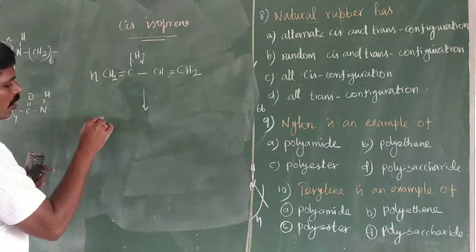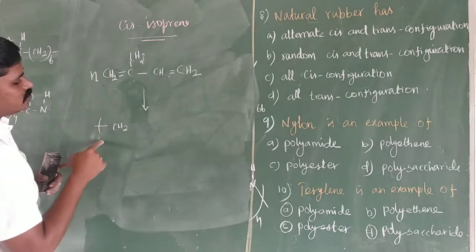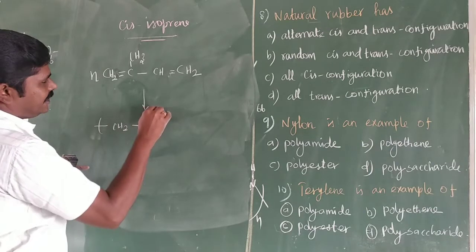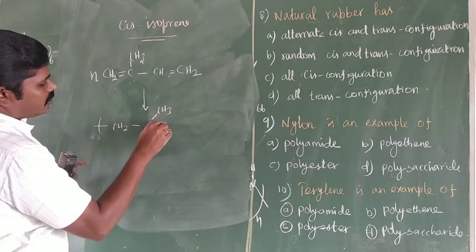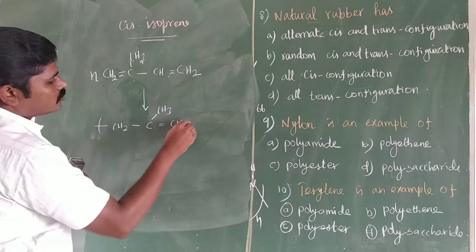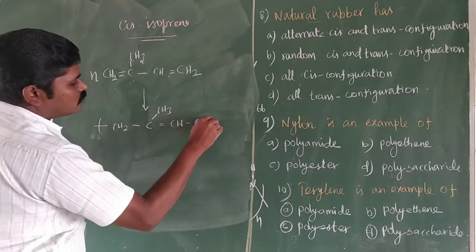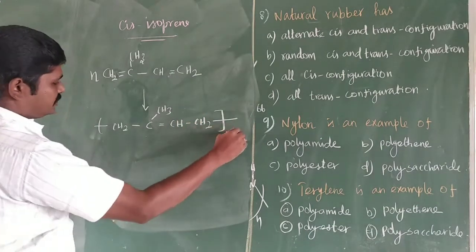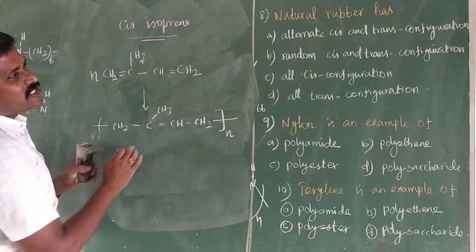So the bonds: CH2 single bond, CH3, double bond CH. Single bond CH2, N times, is natural rubber.